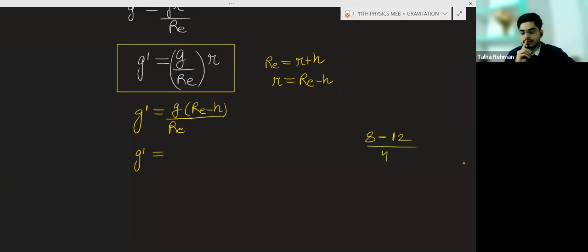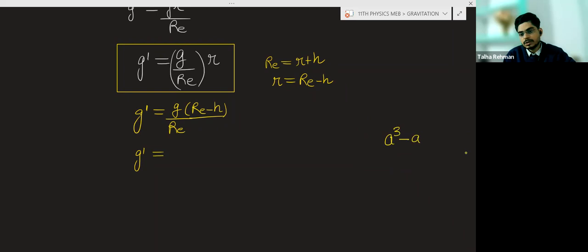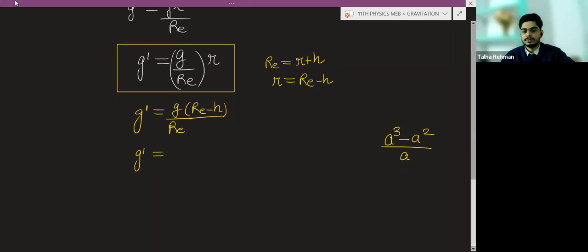You can tell this. If it is written there, a cube minus a square, and this is divided by a, what would be the answer of this?